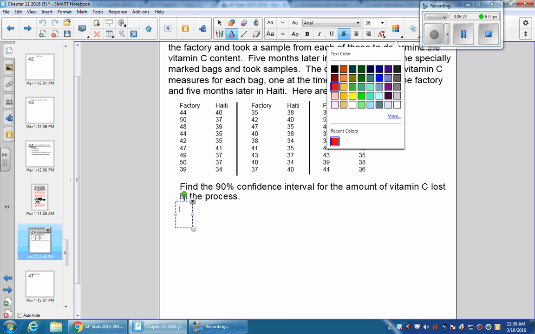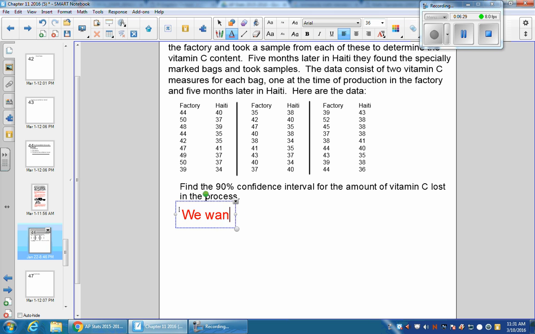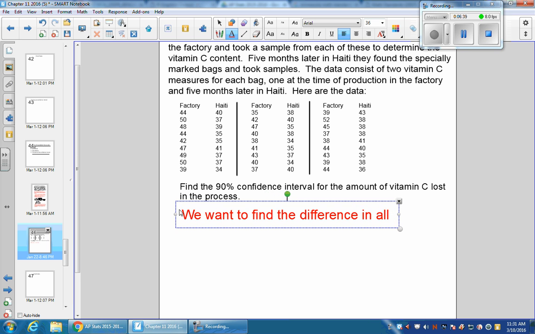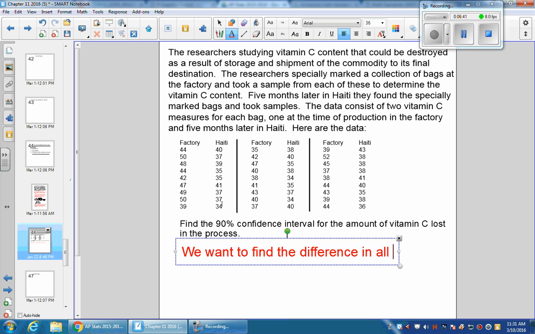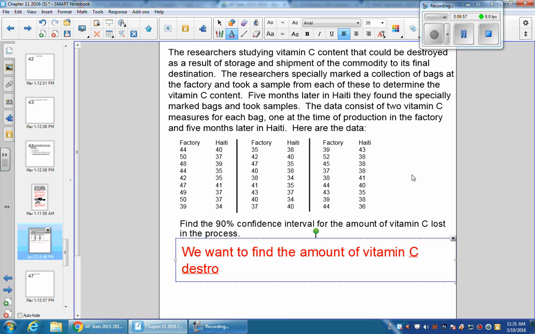So our parameter is we want to find the difference, or maybe the amount of vitamin C destroyed in all of this commodity.